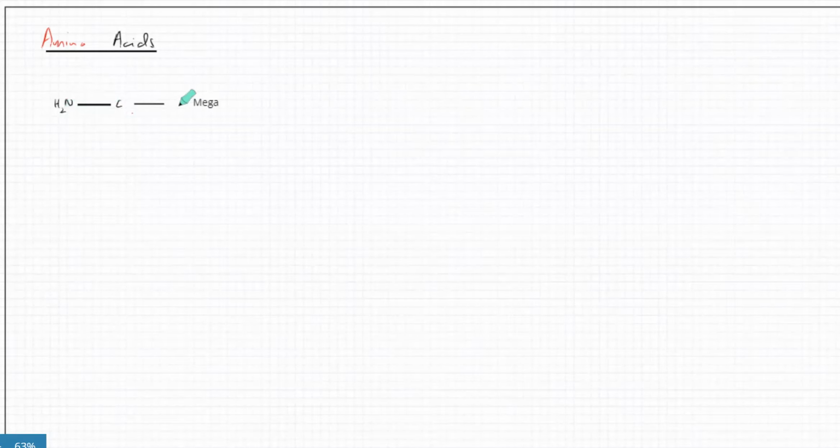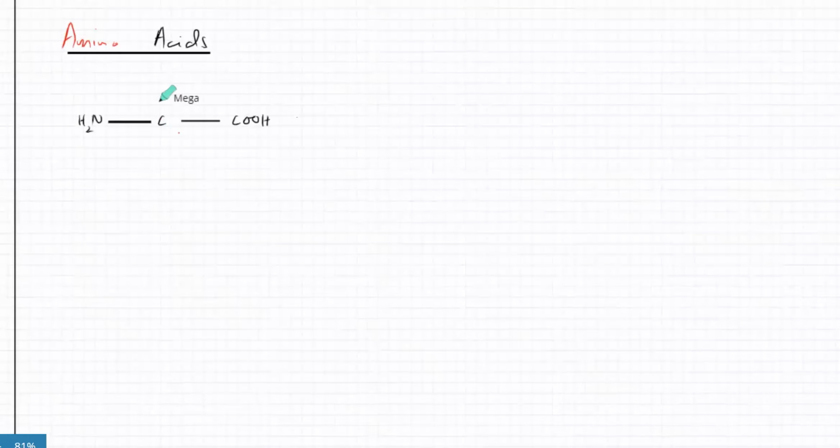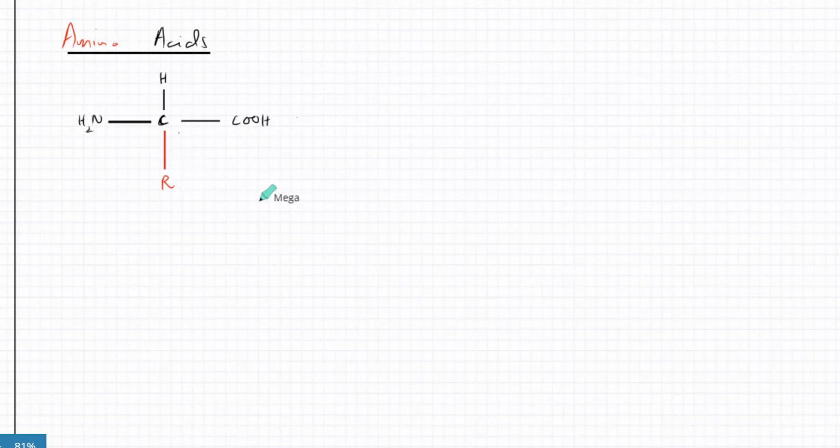On the top, there's an H. All amino acids have exactly the same structure, except for one difference: at the bottom there is an R group, and that R group could be anything. The only difference between all amino acids is that the R group is different.